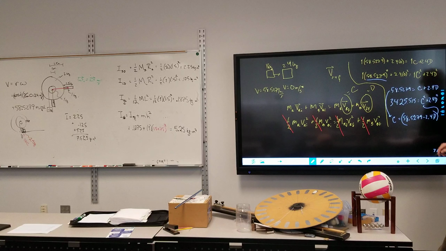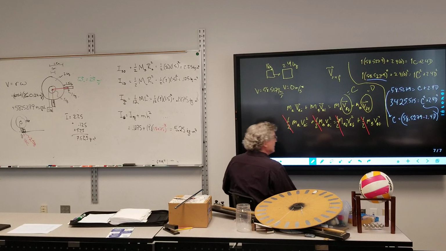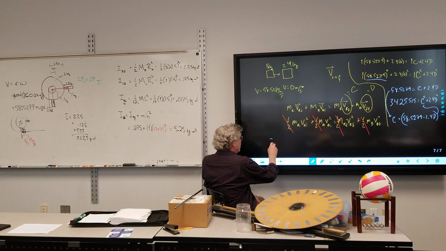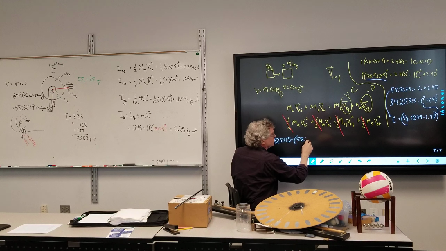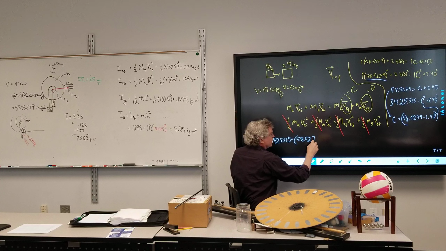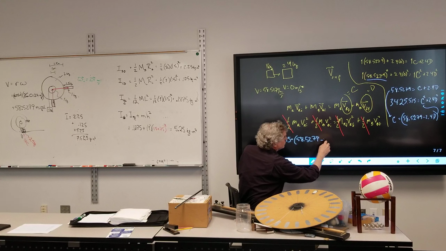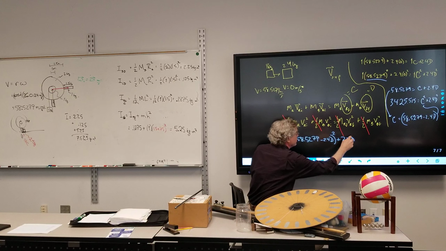Plug that in there, and we are left with 3,425.515 equals (58.5279 minus 2.4D) squared plus 2.4D squared.